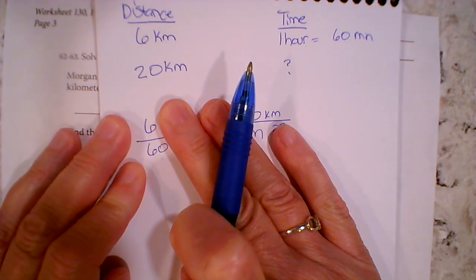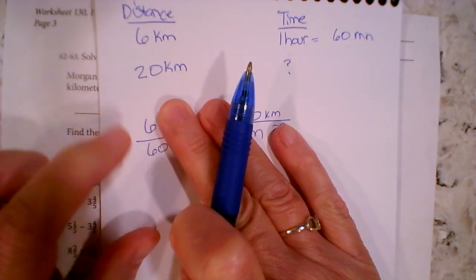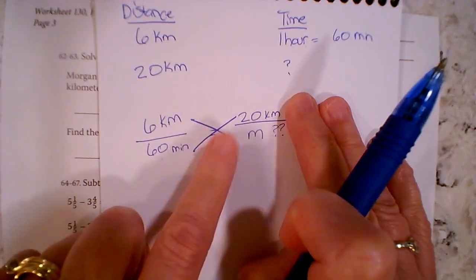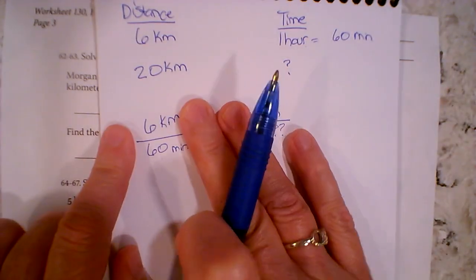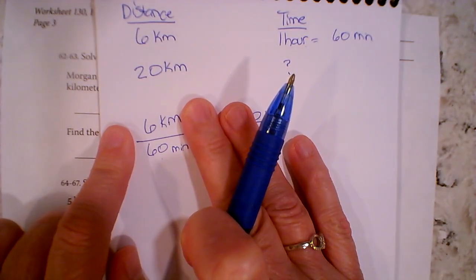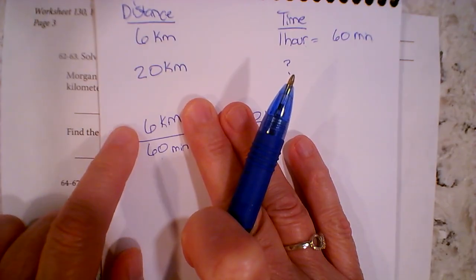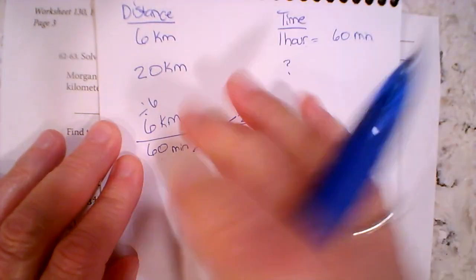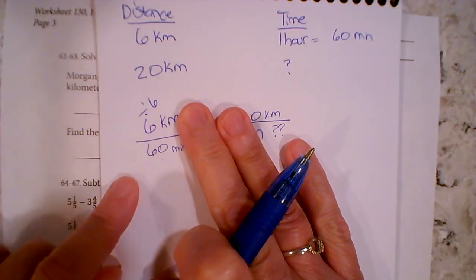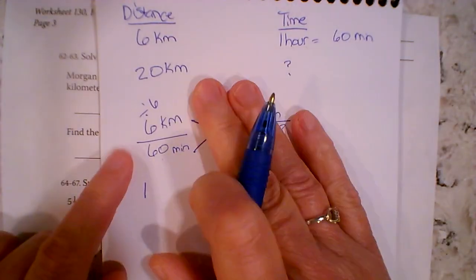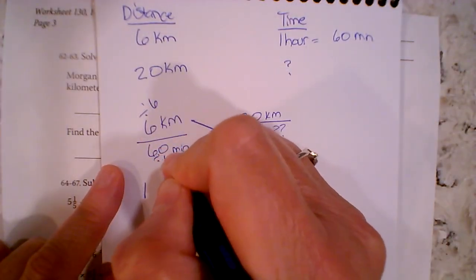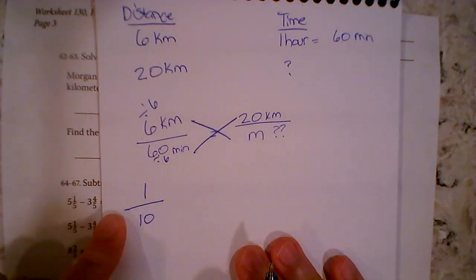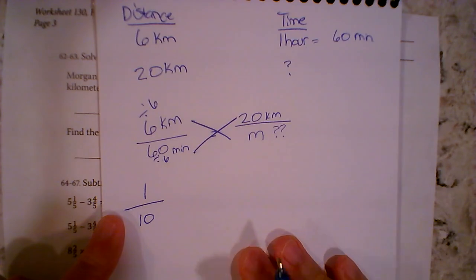I can divide the numerator and the denominator by 6. So before we do this multiplying, let's simplify this fraction first. Both of these are divisible by 6, right? So 6 divided by 6 is 1, and 60 divided by 6 is 10. So 1 over 10, and that's going to make our calculation so much easier to do.